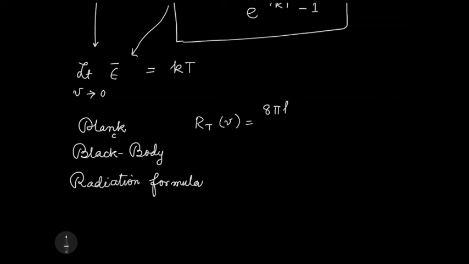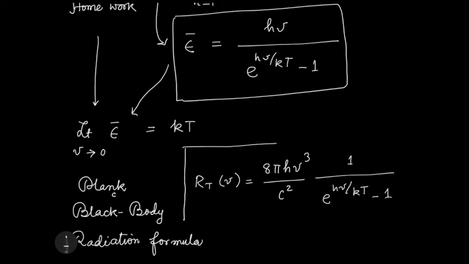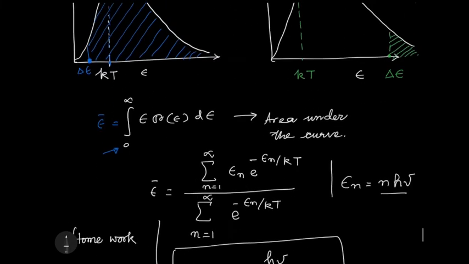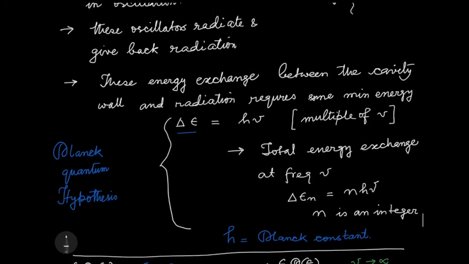The spectral radiance is, if you put in everything now with the newly calculated epsilon bar, you will get this. And this matches exactly with the observation. And that was the success of Planck's quantum hypothesis.